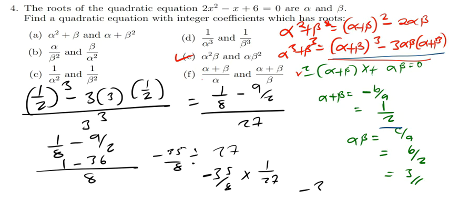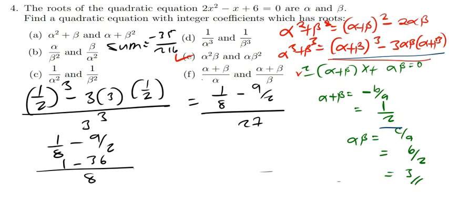We'll have negative 35, then 8 times 27 is 216. So that's the sum. The sum is negative 35 over 216.